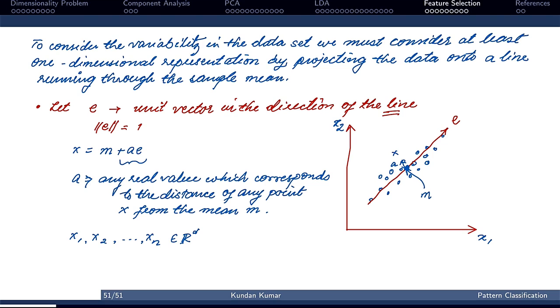So we can write a very general expression, where k is the index: xk equal to m plus ak e, and e is the direction of the line, which is basically the unit vector.